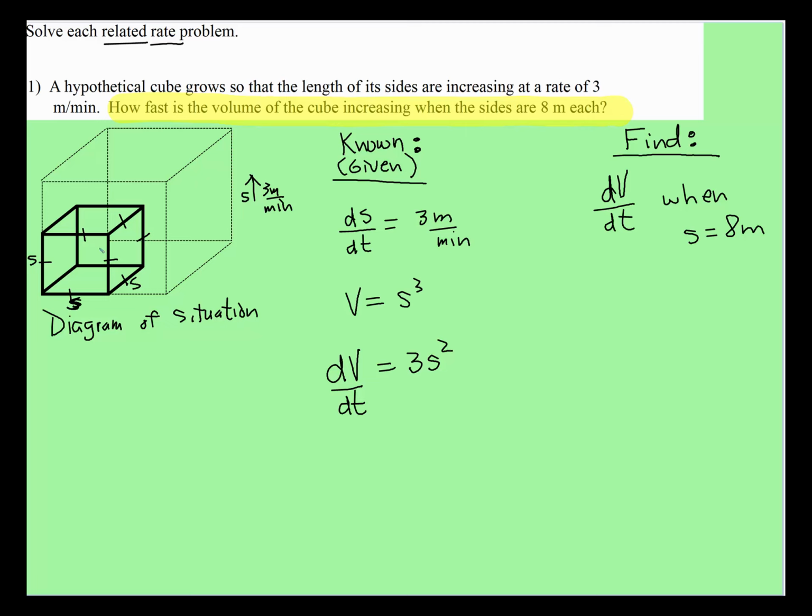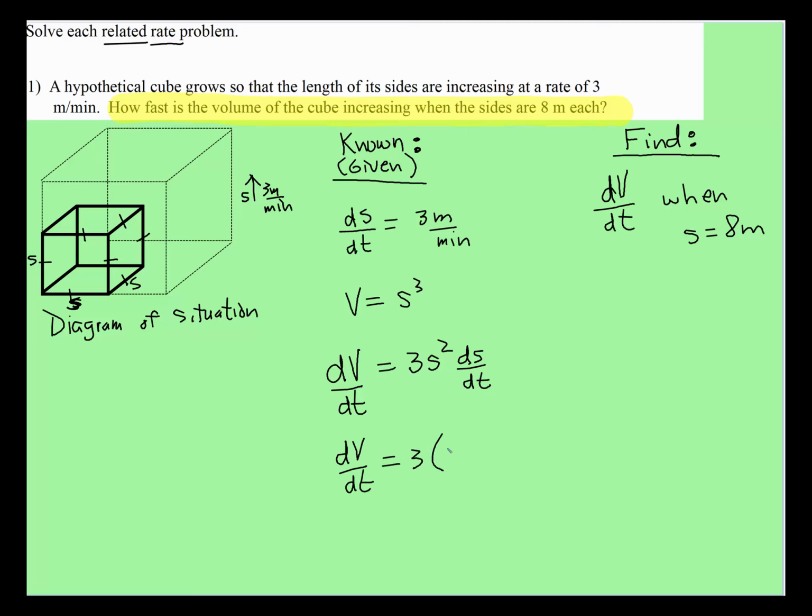But remember, this is not a function, so we do implicit differentiation and tack on ds/dt since this is s. We know what ds/dt is, so we can fill that in. And we're finding the volume when s is equal to 8 meters, so we're just going to fill in all the information.